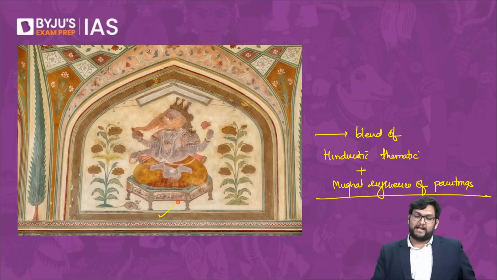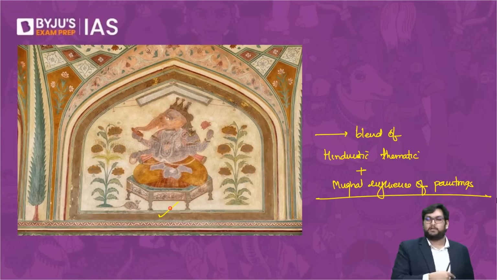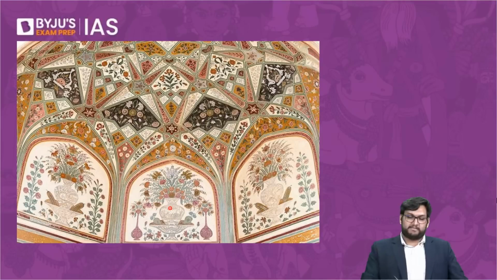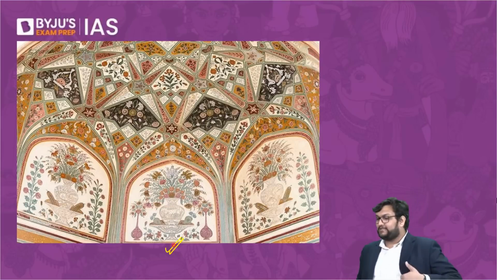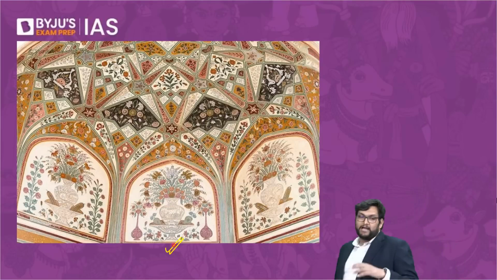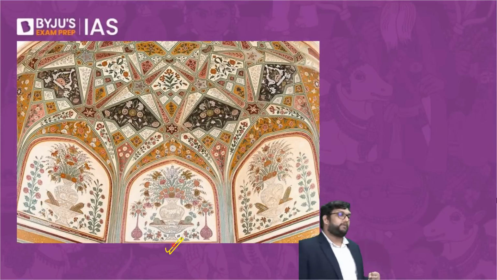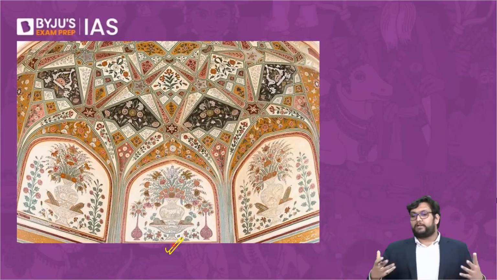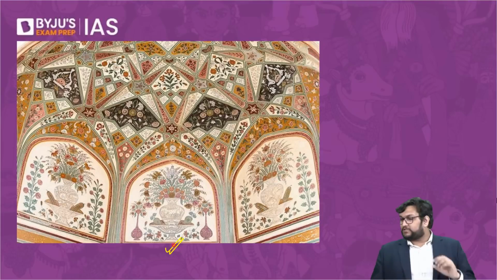So you can see how the color scheme is quite Mughal, but it is a representation of Lord Ganesha. Same way, they now had the idea of painting the corners of a fort with proper representation of plants and this beautiful form of calligraphy which they used to do in the forts itself.